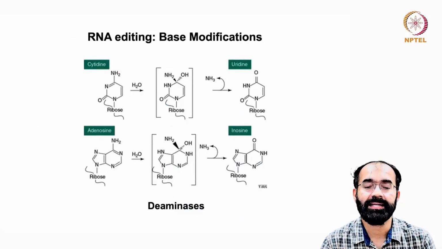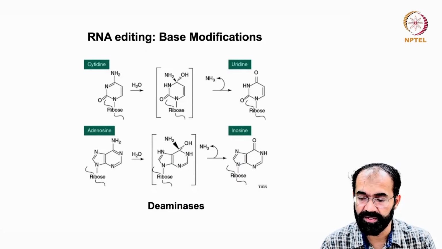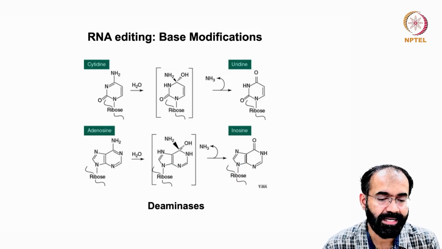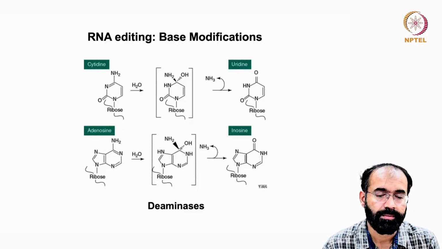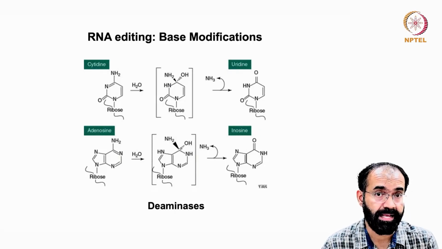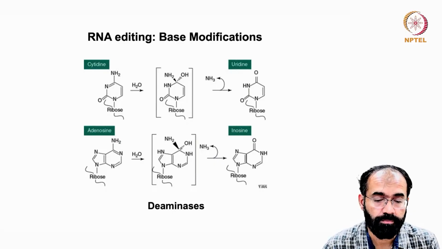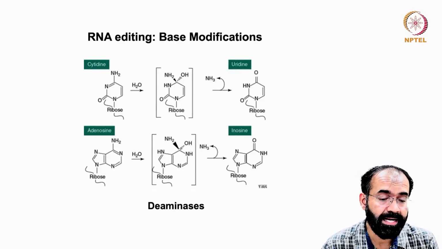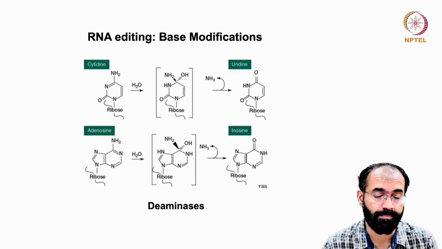So RNA editing can happen through base modifications also. Cytidine or cytosine residues can undergo a process of deamination to give rise to uridine, and adenosine can undergo a process called deamination to become inosine.